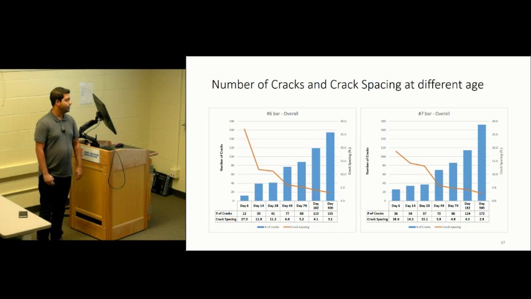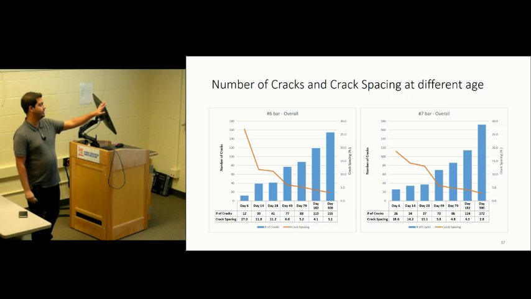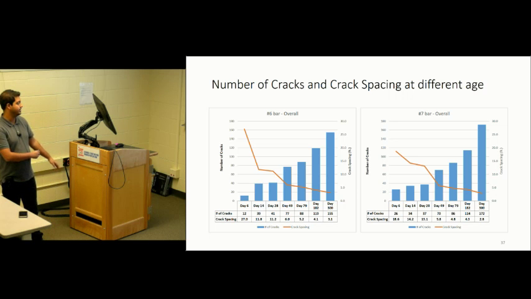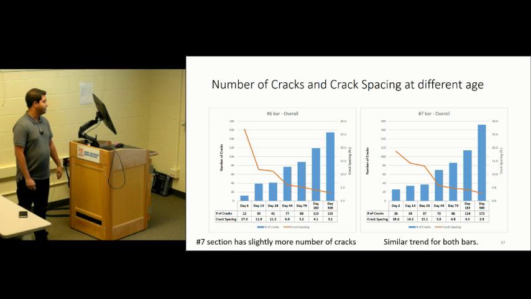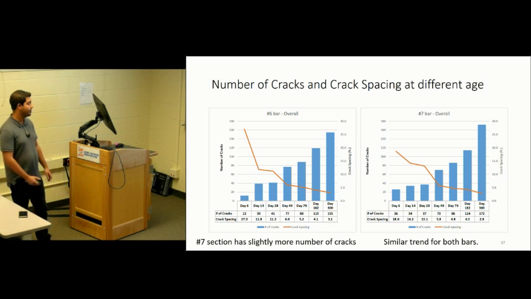So when we observe the crack development over time, we have number 6 and number 7 bar beams. If we look at cracks that develop over time, we see that number 7 has slightly more cracks than number 6 bars because higher steel content restrains the concrete more.